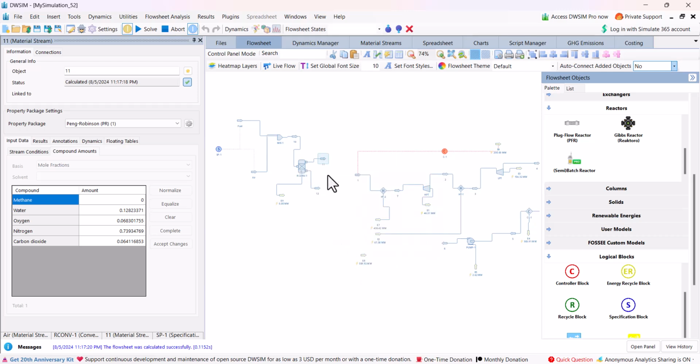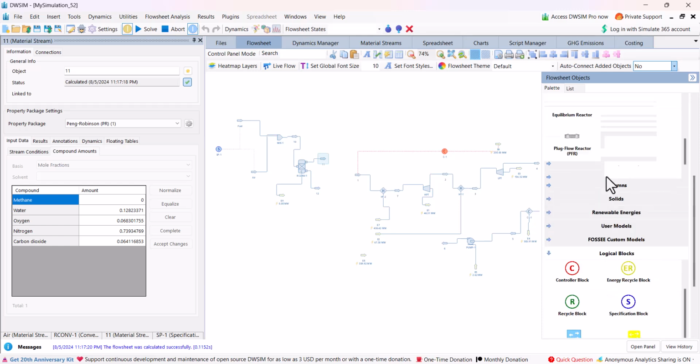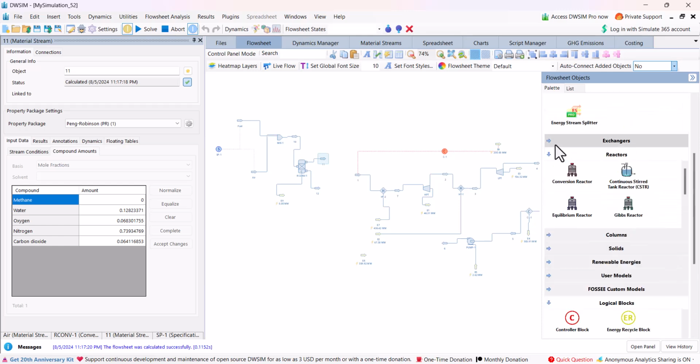So now we need to add another cooler. You will know why we need the cooler in a bit.